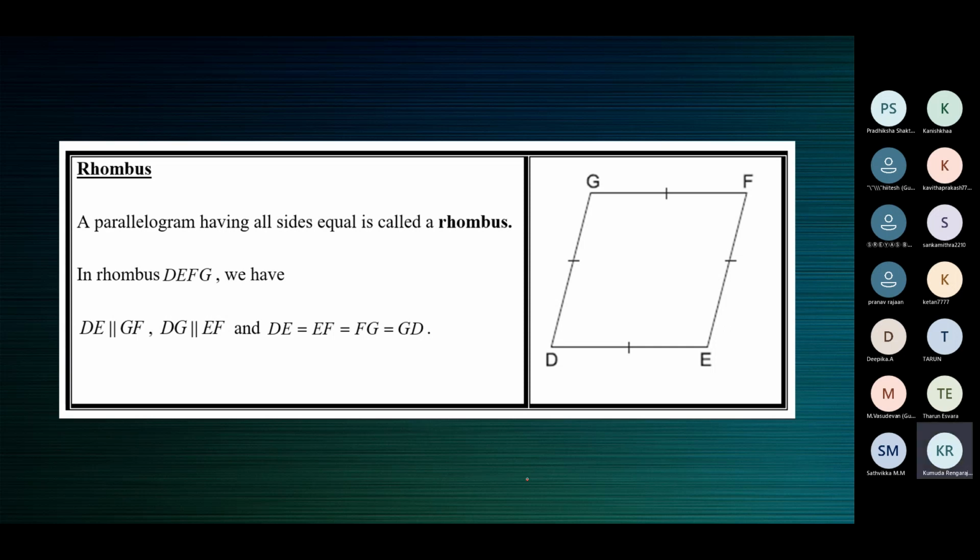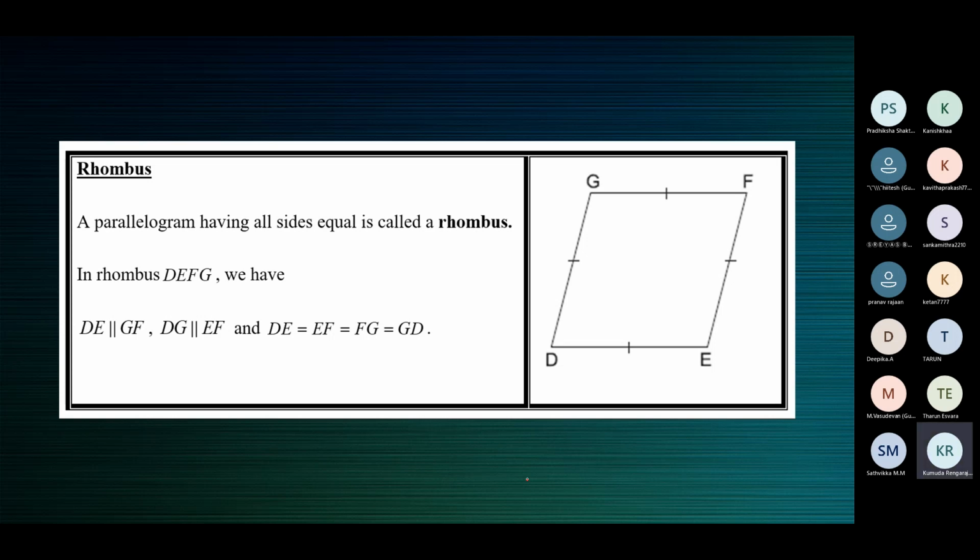So if you have to prove that a quadrilateral is a rhombus, you must first prove it's a parallelogram. Some details are given to you. They'll say prove that quadrilateral ABCD is a rhombus.